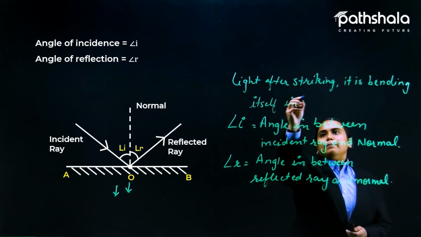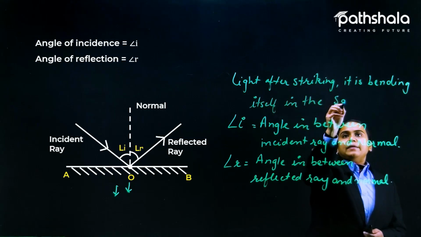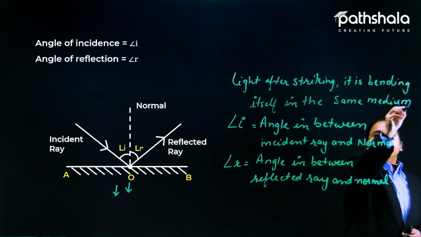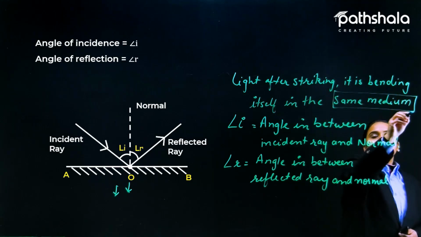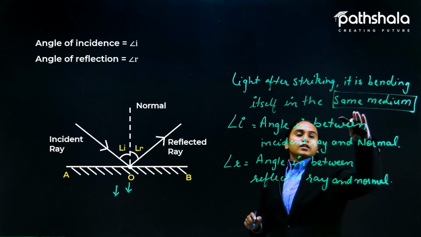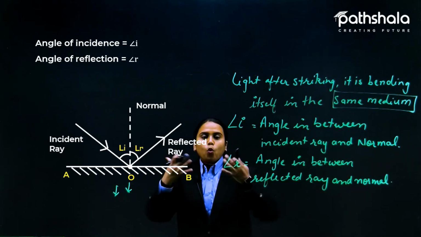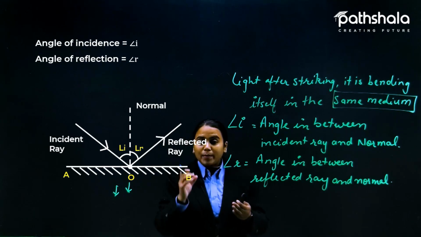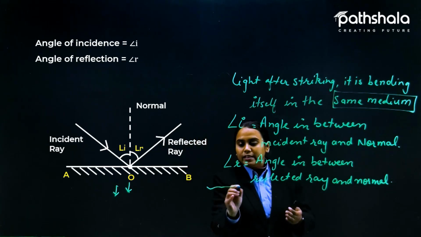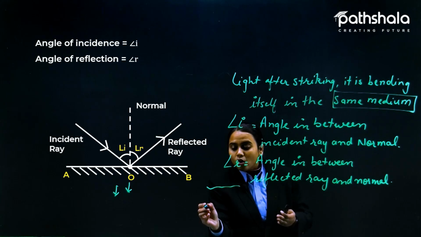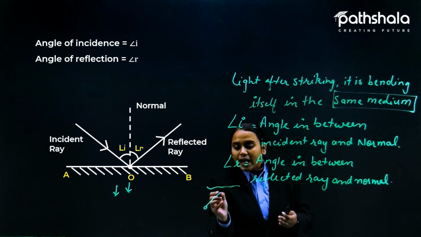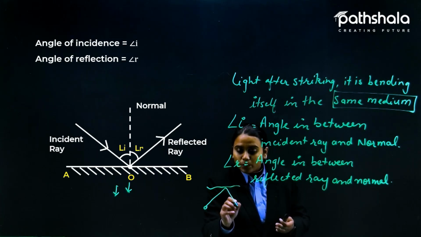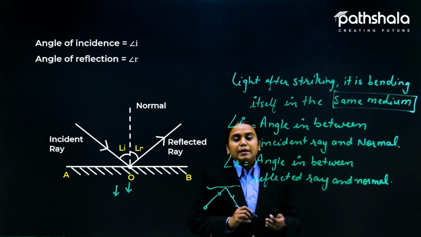in the same medium. Same medium is a very important term here, because the medium could be anything, for example, supposing you are in water. If you are inside the water and you strike the light at a particular angle, then the light could again fall back in the same medium.